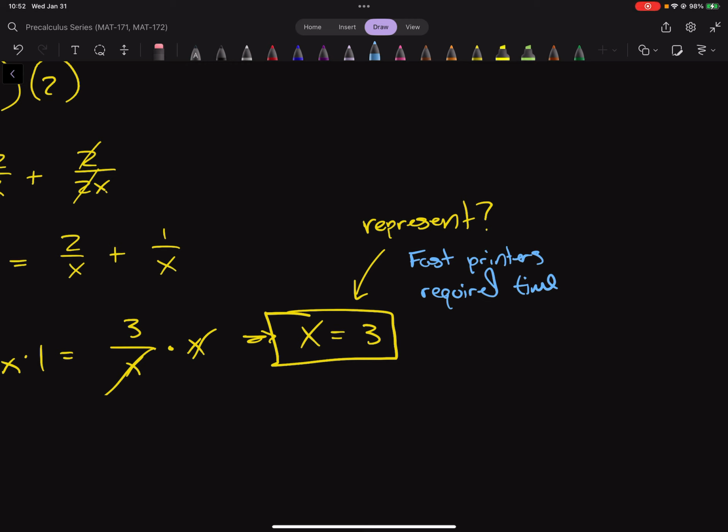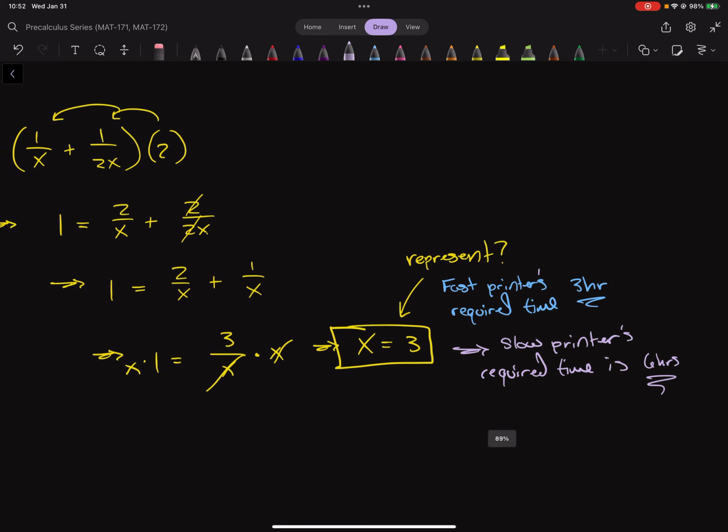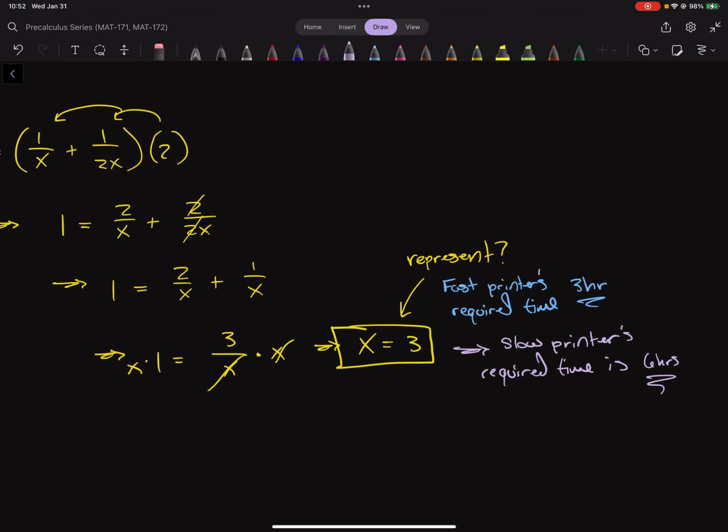Now, since the fast printer works twice as fast as a slow printer, this means that the slow printer's required time is going to be 6 hours. Hope this helps.